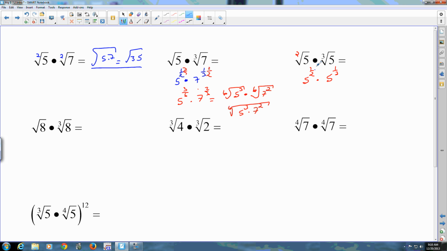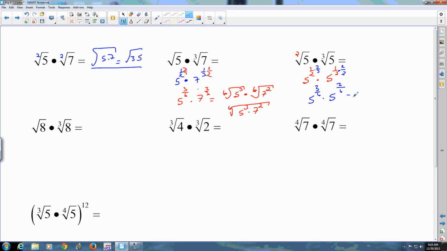So I'm going to get a common denominator by multiplying this one by 3/3. So I get 5 to the 3/6 times 5 to the, and this one gets 2/2. That's times, not minus, 2/6. Because the bases are the same and the root is the same, I can bring these things together into the same root.